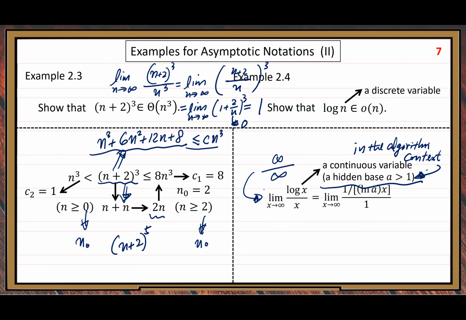Although I didn't write it in my math formula, at least in your mind you should be aware of the indeterminate form. Then you can take the derivative this way. After simplification, you get the limit equals 0, and your conclusion is little o notation. And you can switch back to the discrete variable. All right, so that's everything we need.